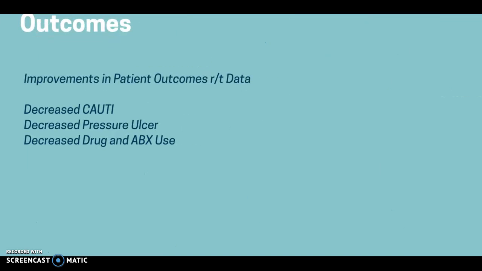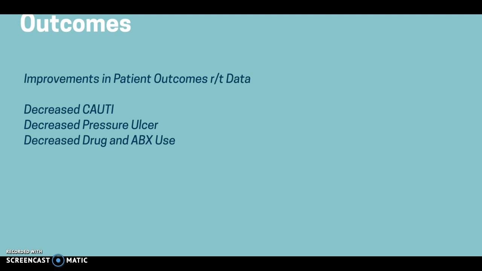So some of the outcomes that have been proven with nursing research, we've had decreased CAUTIs nationally, decreased pressure ulcers, decreased drug and antibiotic use. All these things seem little, but they're all from the nurse and the nurse research and the data that's out there and available to us, and trying to cause reductions, because we want reduced instances of these situations.